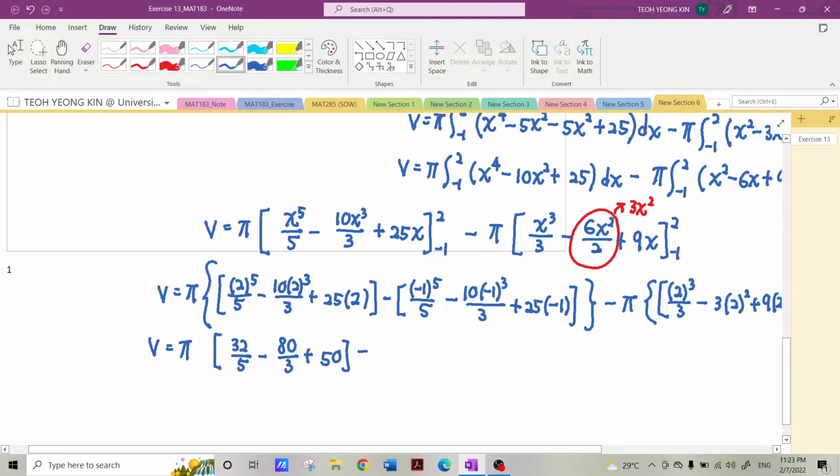minus, this is -1 power 5 is -1 over 5. Here -1 power of 3 is -1, so it's positive 10 over 3 and then minus 25. So here is the first part, minus pi.